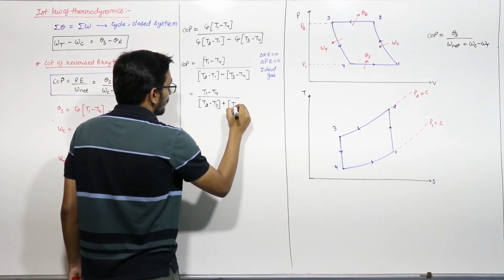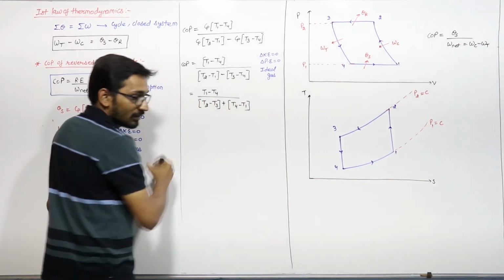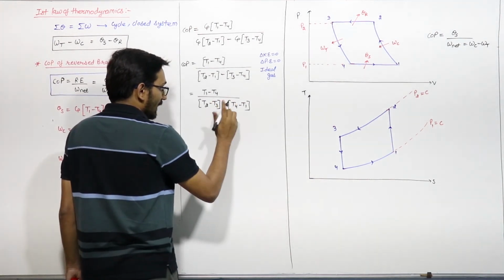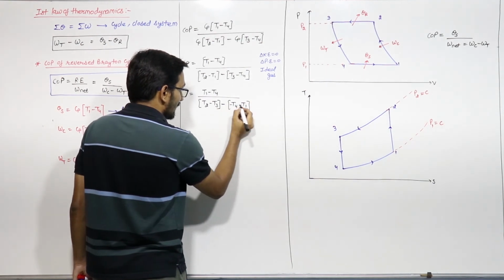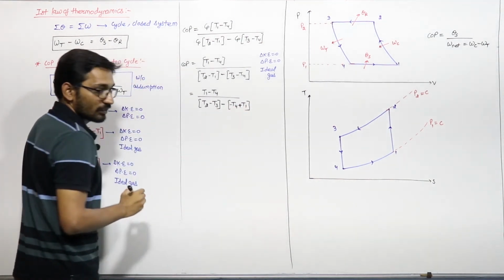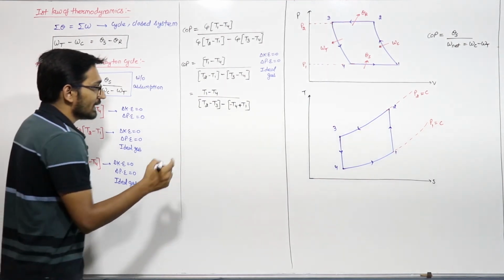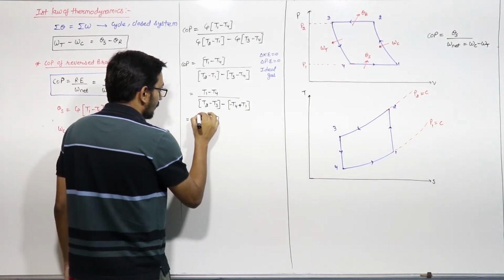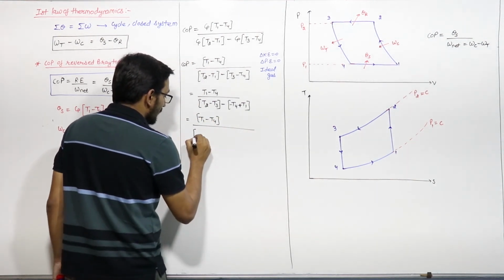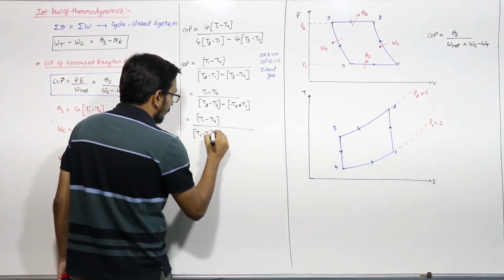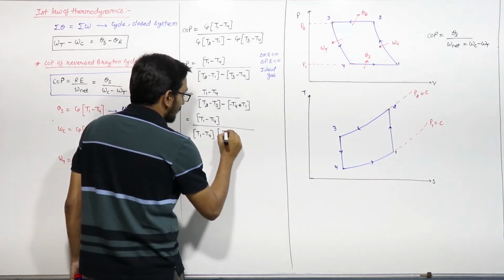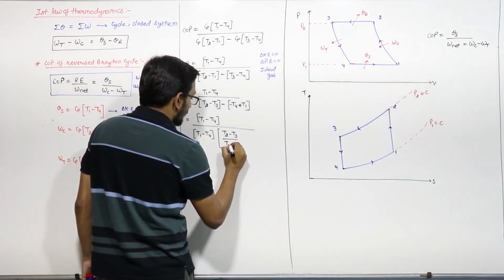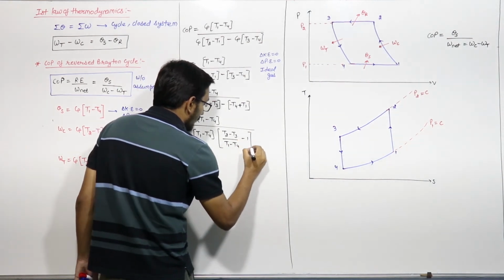Or you can write, if you take minus here, then minus T4 plus T1, that is T1 minus T4, right? And if I take T1 minus T4 common, this will be equal to (T1 minus T4) divided by (T1 minus T4) into ((T2 minus T3) divided by (T1 minus T4) minus 1).